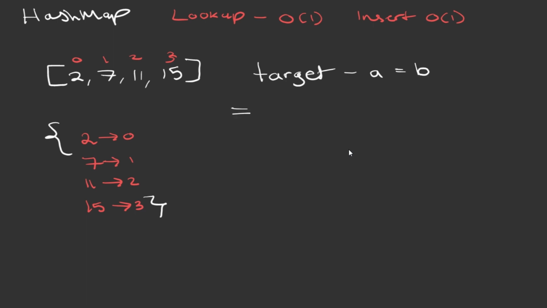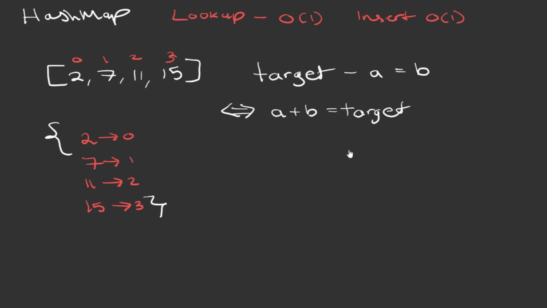Now, if you don't quite see how we got this formula, we can actually just rewrite it as a plus b equals target. If you see that these two formulas are exactly the same, so we're just using this fact, and we can actually look up this b element in the hash map.